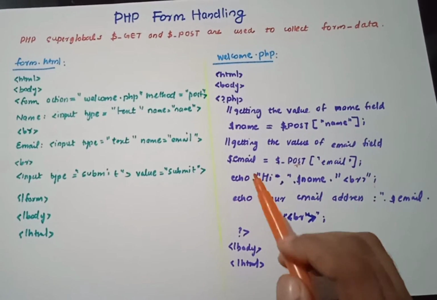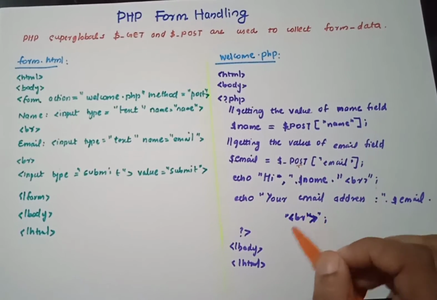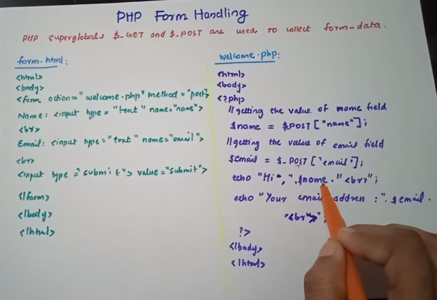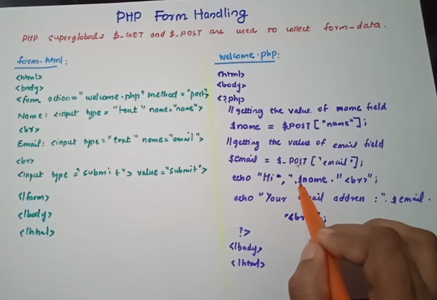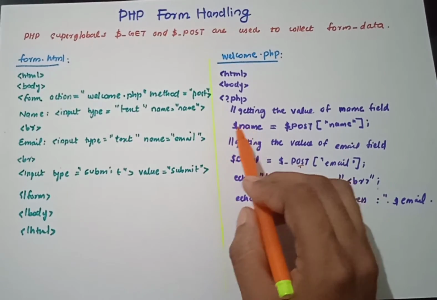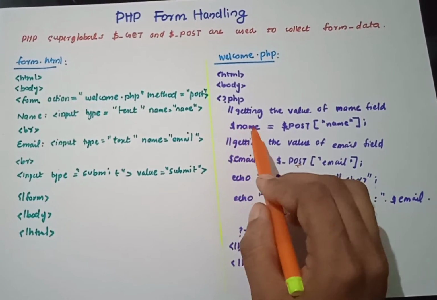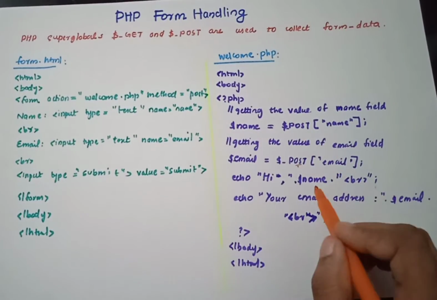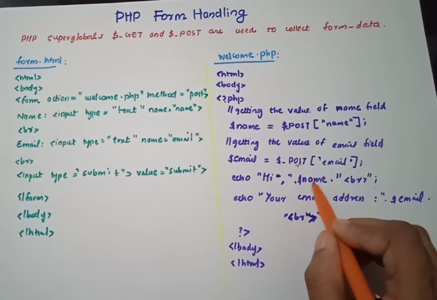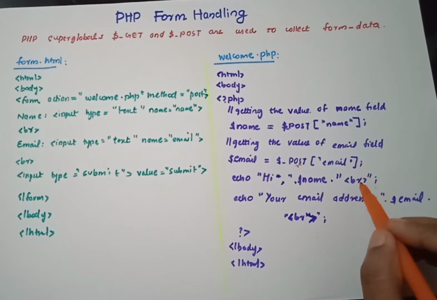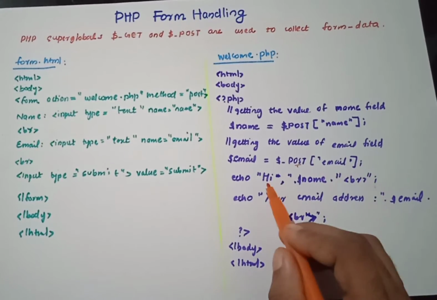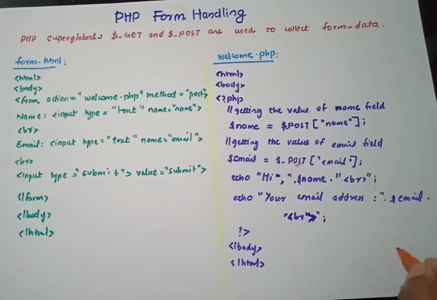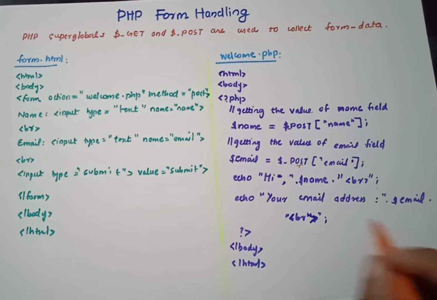Then now it's time to output these things. It's a little more artistic here. Hi, then you can add your name. Here it's important to write this name, because this is the variable that we have declared in this PHP file. So we linked the Hi with the name, then a line break. That means in the first line you print Hi, a comma, then the name as the user inputs it. Only that.